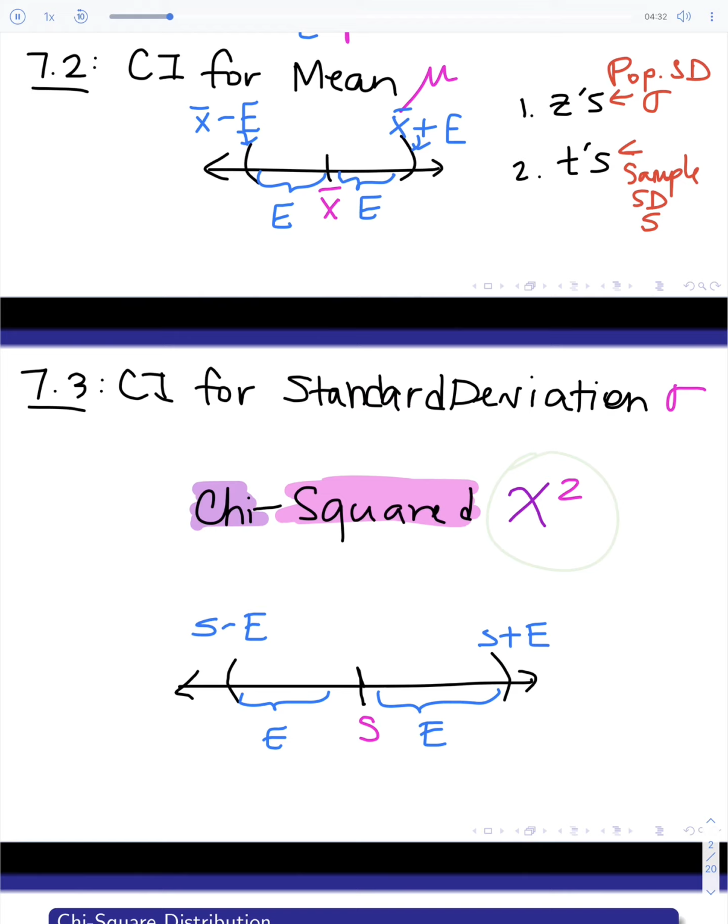That's still going to be the same idea, but instead of Z's or T's, we're going to be using chi-squareds.